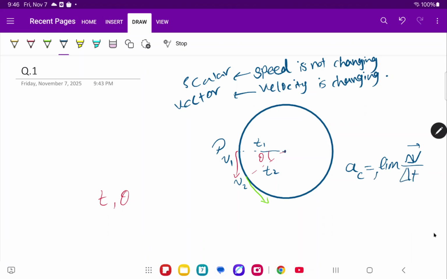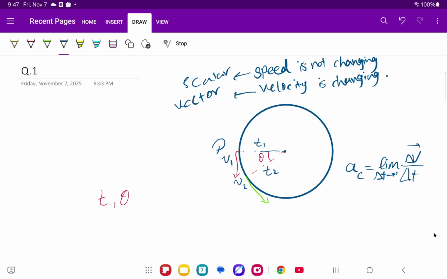If you take the ratio of delta v, which is the difference between the velocity vectors, over delta t, and you let delta t go to 0, you find the acceleration. In this case, since it's a uniform circular motion, this turns out to be the centripetal acceleration.